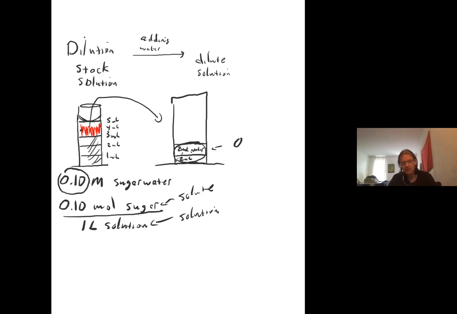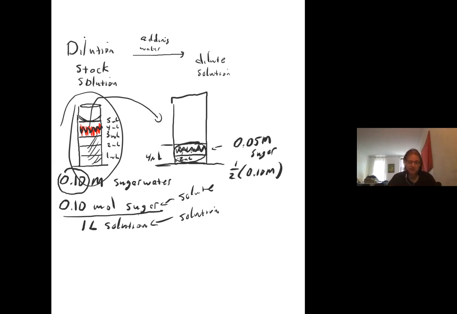So now it would be half as much, 0.05 molar, right? Half of 0.10 is 0.05, because I added 2 milliliters of this and 2 milliliters of water to give me a total of 4 milliliters, right? So that's dilution. You're taking the stock solution that has a higher concentration, taking some of the stock and adding water to it to give yourself a lower concentration.